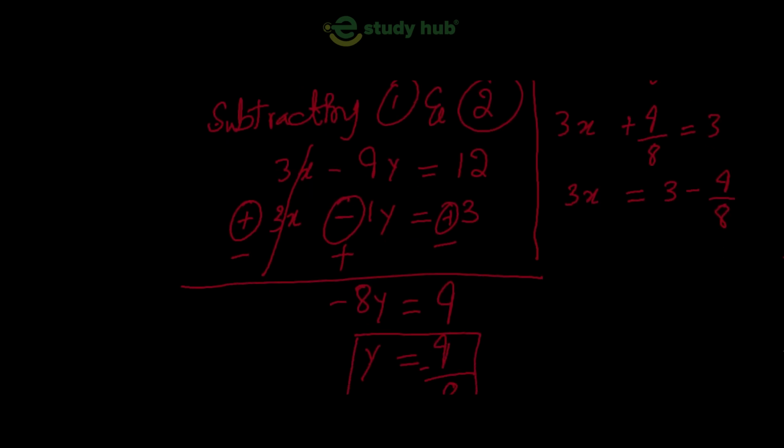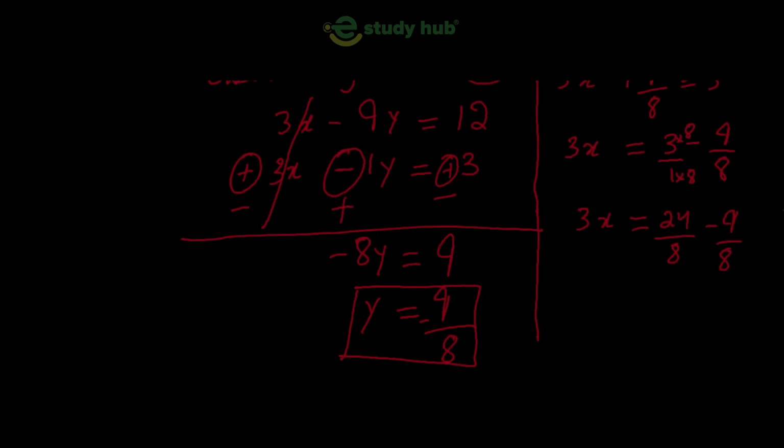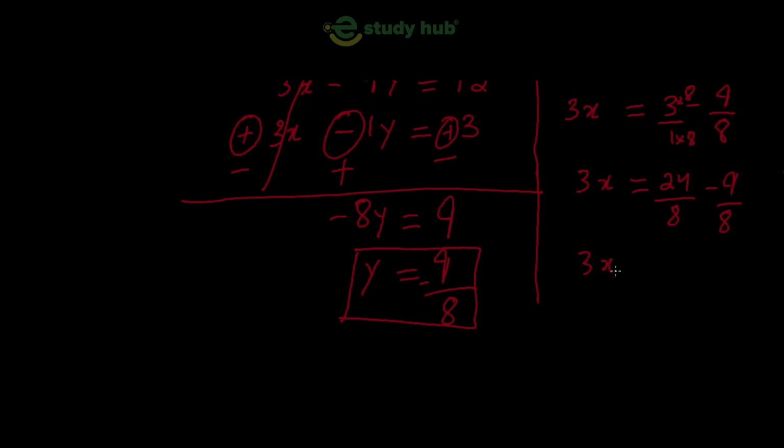When we simplify this one, what do you get? 3x equals to, so make the denominator similar, so times it with the 8, so it will become 24 over 8, take away 9 over 8. So what do you get? 3x equals to 24 take away 9, you get 15 over 8.